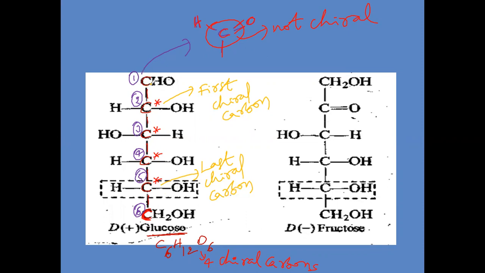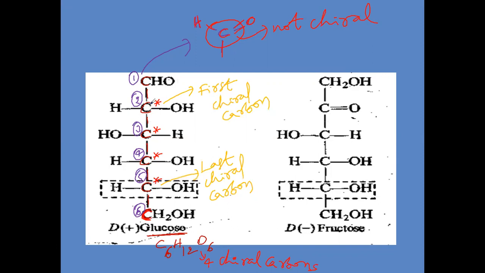How do we read from top to bottom? First, CHO. Then CH, with H on the left side, then OH. Then HCOH, again CHOH, again CHOH, lastly CH2OH. So this is the glucose molecule, with first chiral and last chiral carbons.